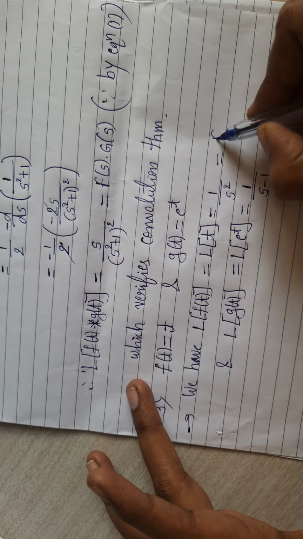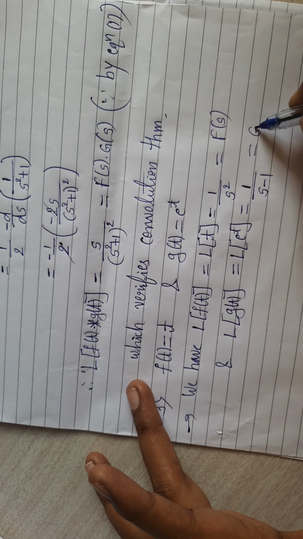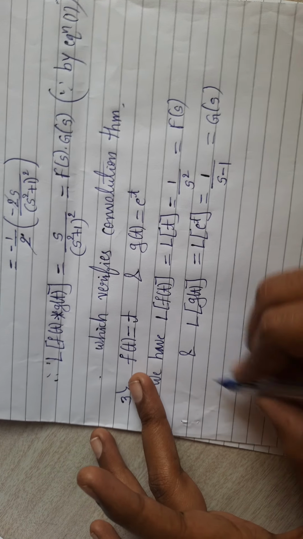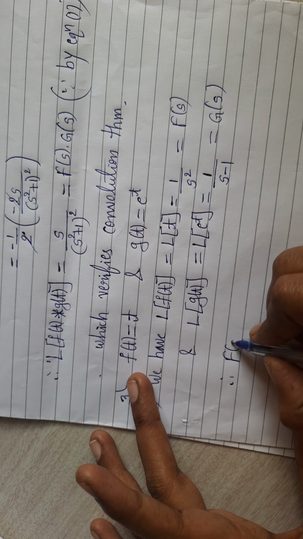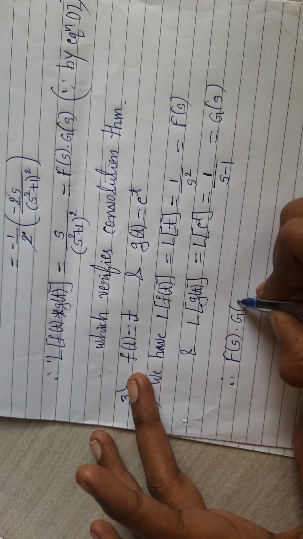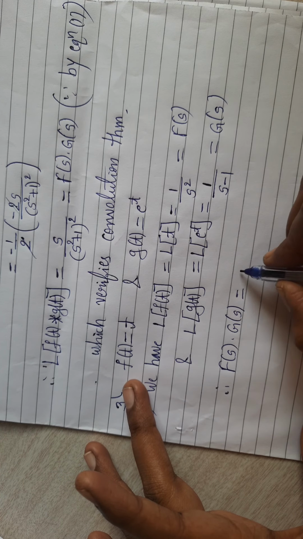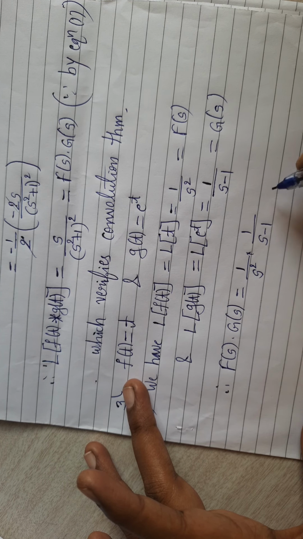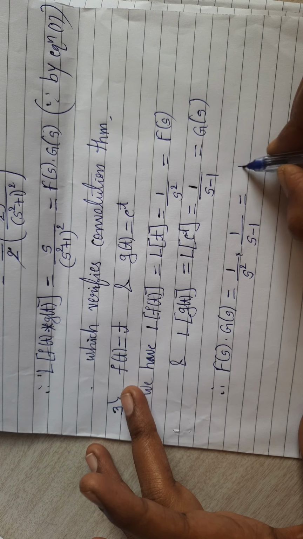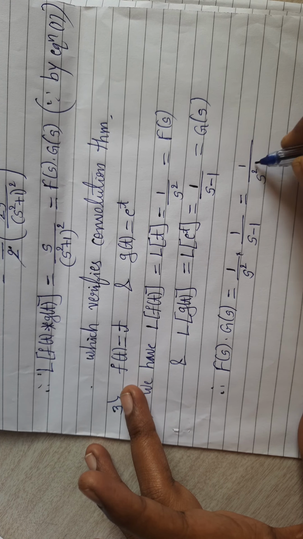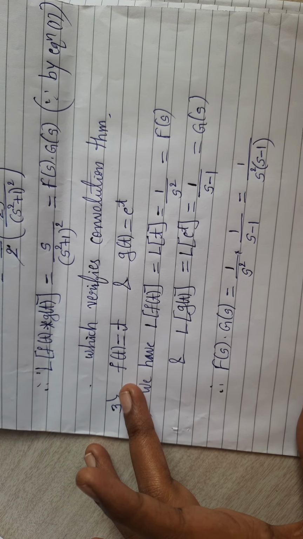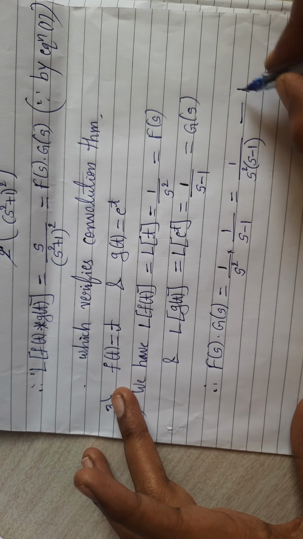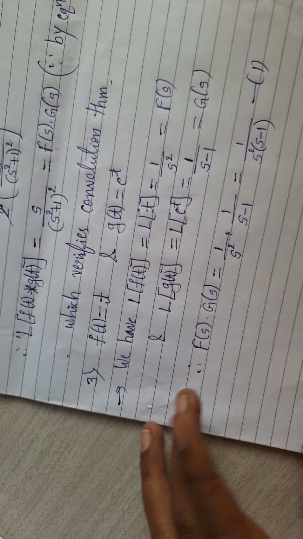So this is our f of s and this is g of s. Therefore f of s into g of s is 1 by s square into 1 divided by s minus 1, that is nothing but 1 divided by s square into s minus 1. Call this equation 1.